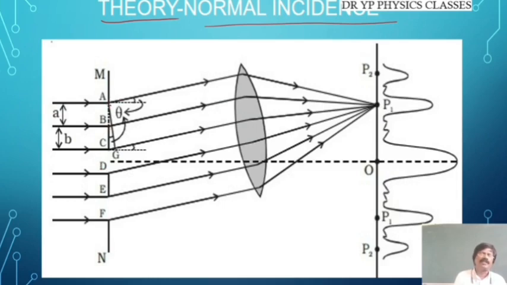At points A, B, C, D, E and F a line is drawn, whereas the gap between A and B is a slit, B and C is a slit, C and D is a slit, D and E is a slit, E and F is a slit.